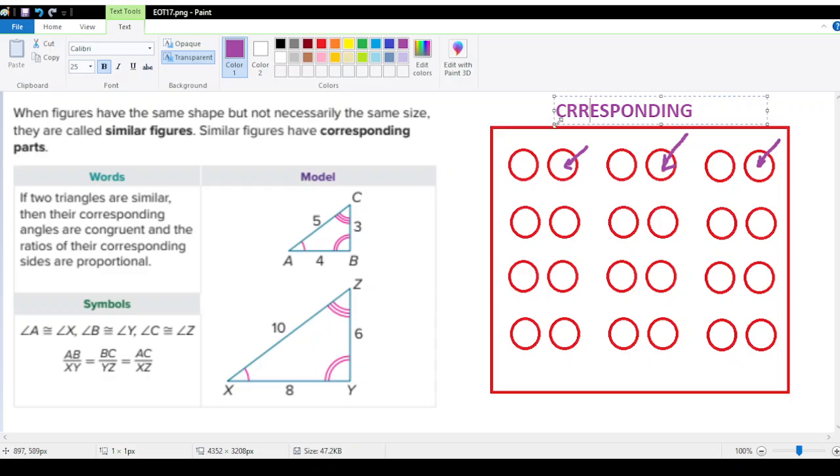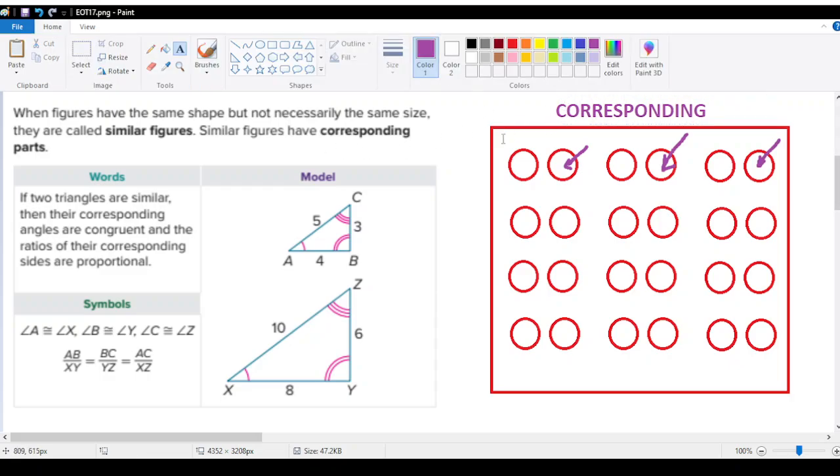Do you understand the meaning of corresponding here? Okay. So I'm going to give them numbers and letters here: 1, 2, 3, 4, A, B, C, D, E, F. So Shamsa, this is 1B, right? 1B is corresponding to 1D, and it's corresponding to 1F.